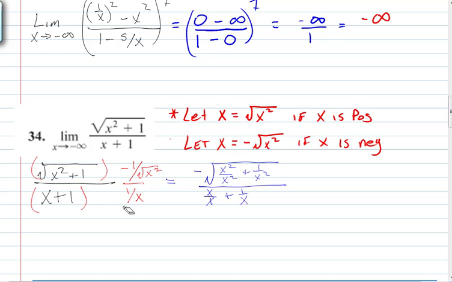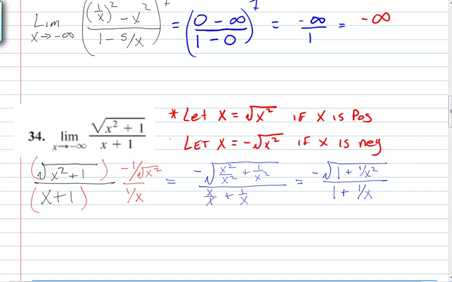All I did to go from here to here is I distributed what was in red over here. So now that gives us negative square root of 1 plus 1 over x squared divided by 1 plus 1 over x, right?